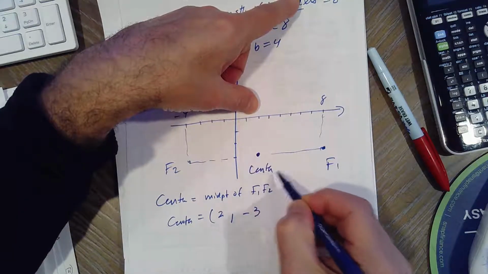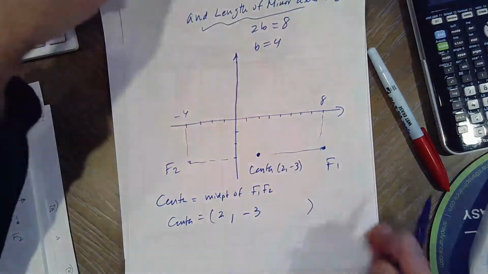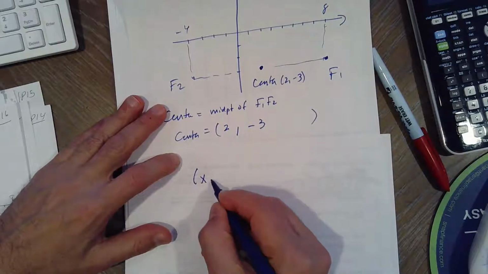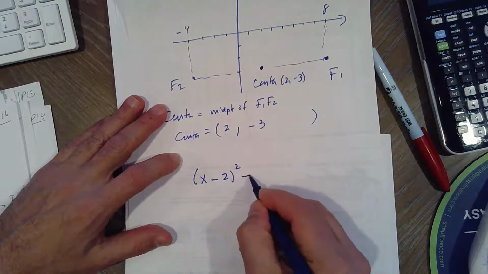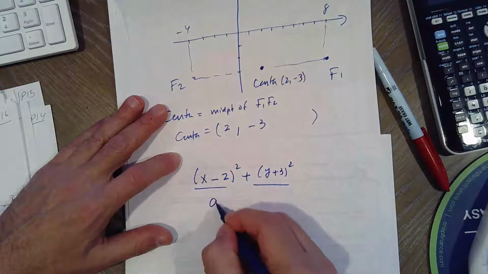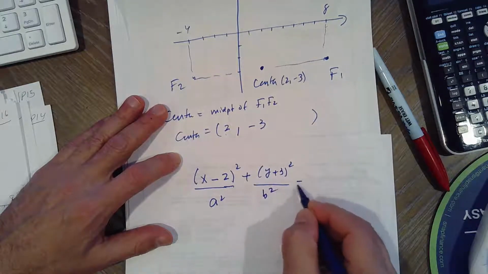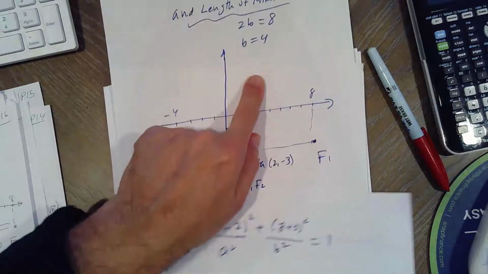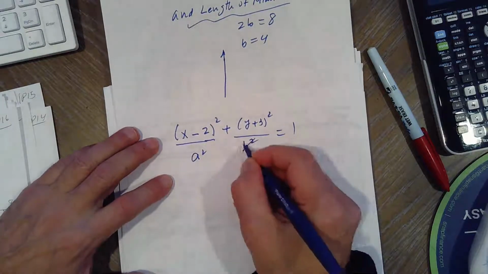Center 2, -3. So the equation, as you can see now, is x minus 2 squared plus y plus 3 squared. Now it's a horizontal major axis, so the bigger value is the a squared with the x, and the smaller value is the y. B is 4, right? So b squared is 16.